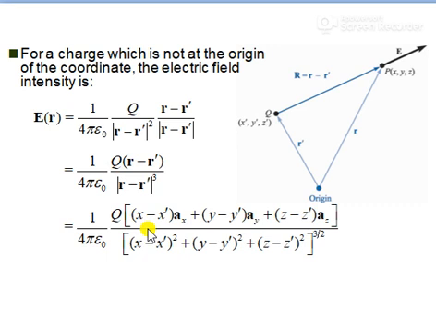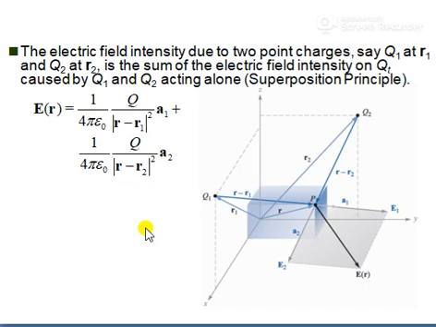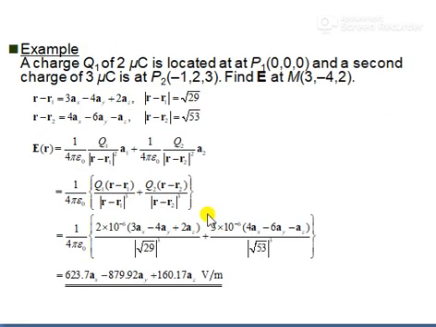Either the force can be attractive or repulsive, which we can determine by using the electric field intensity. Here you can also observe the vector form, the vector field in Cartesian form.